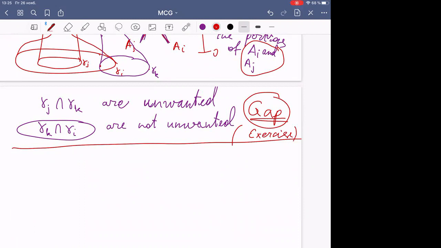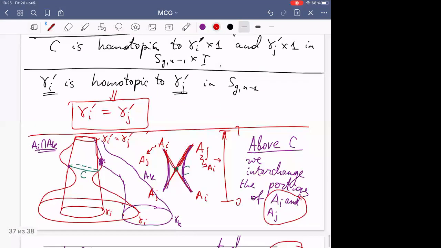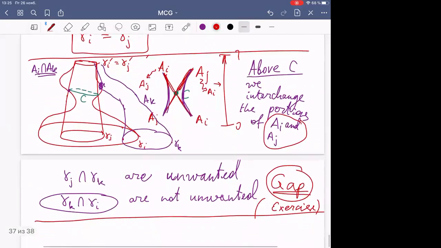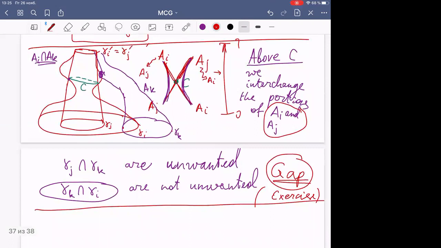I don't know whether it is easy or not. So, but ideologically, we would like to do such simplification moves, but it is a tiny complicated question why they actually simplify.